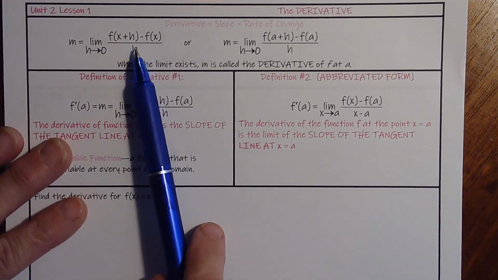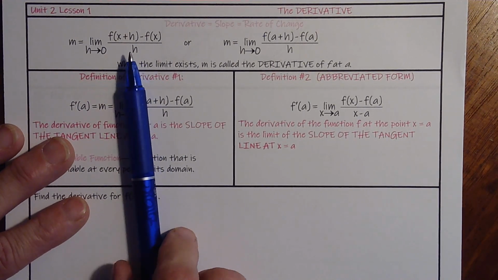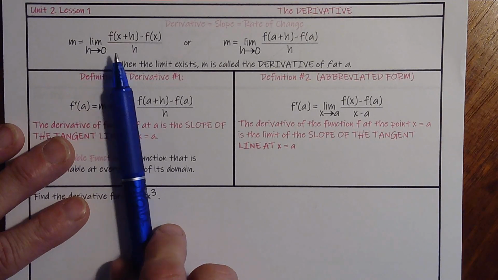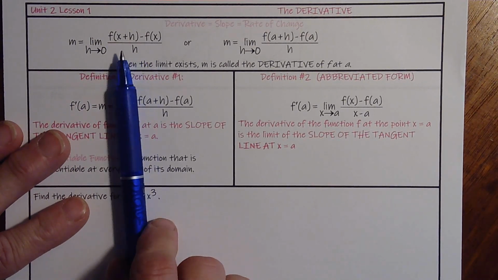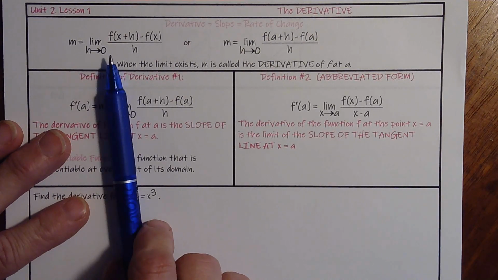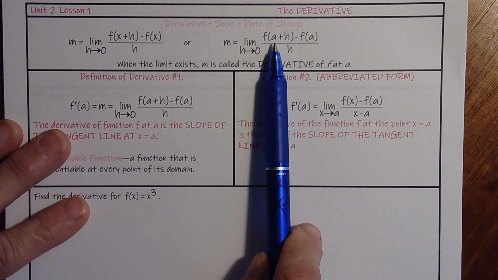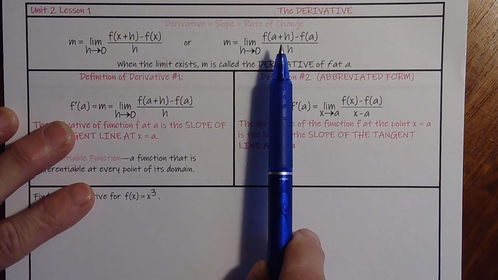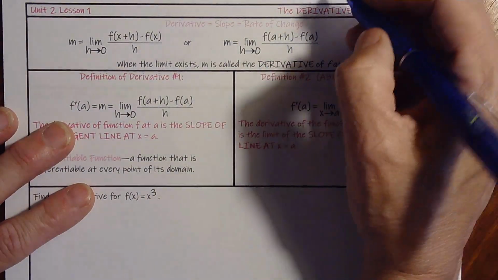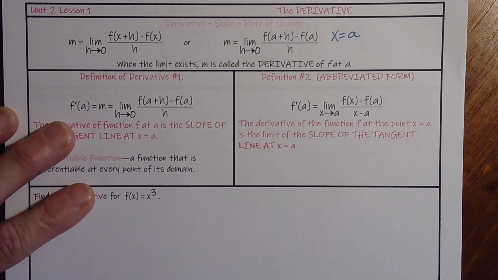And in doing so, we used the expression the limit of f of x plus h minus f of x over h as h approaches 0, or if we knew specifically where we wanted to find the slope at a particular point, we used this version where a represented just an x value, so x equals a.